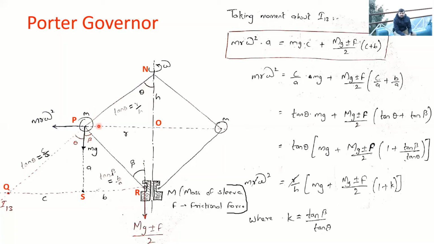Okay, fine. So we got tan theta and tan beta in the equation. Now taking tan theta common, we get mg plus minus f by 2, and within this bracket 1 upon tan beta plus tan theta.